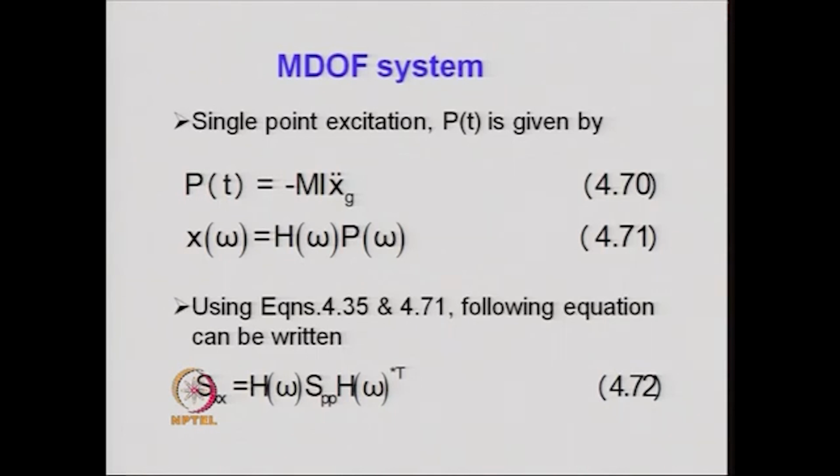Those two will be related together with the help of the frequency response function matrix, and we will see how we replace the absolute value square of the frequency response function that we have used for the single degree of freedom system, which will now be replaced in a different way. The proof of that would be shown in the next class.